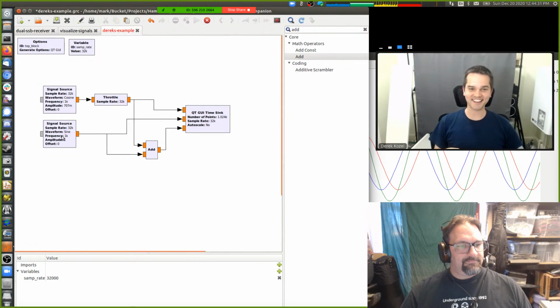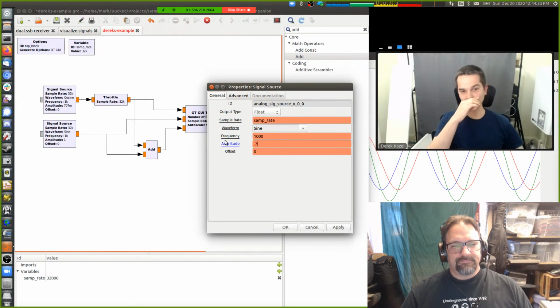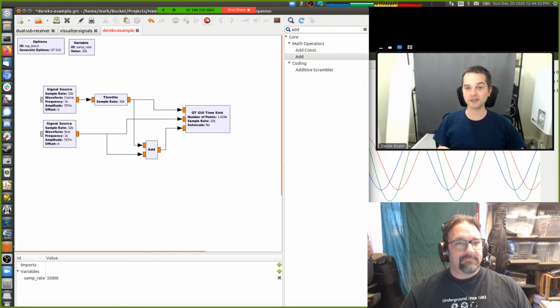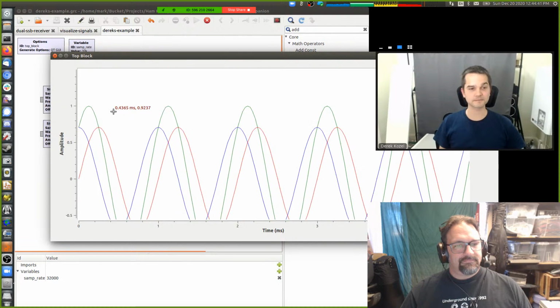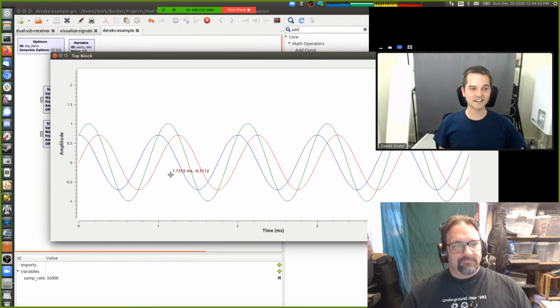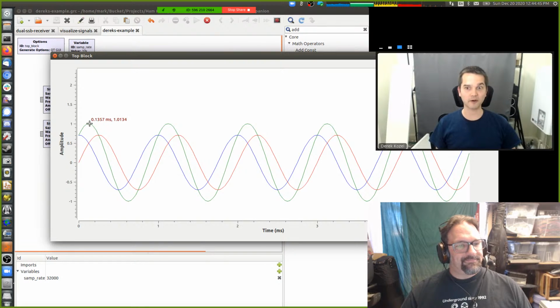So if we calculated the power of the green sine wave compared to the red and the blue, we would find that the green had double the power.